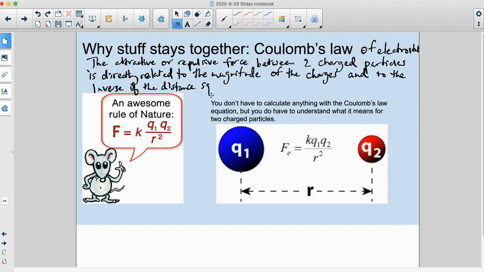Okay, so that's the fancy definition for Coulomb's law. Now, what are the 2 important implications?